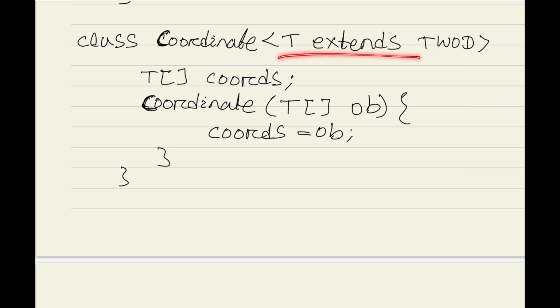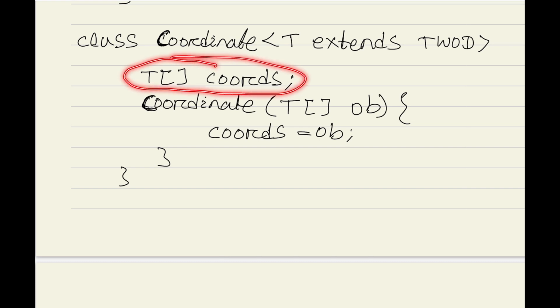So this means that any array stored in this Coordinate object will contain objects of type 2D or one of its subclasses. So this one can be an array of type 2D or one of its subclasses.